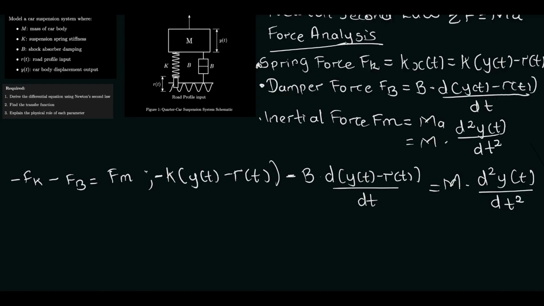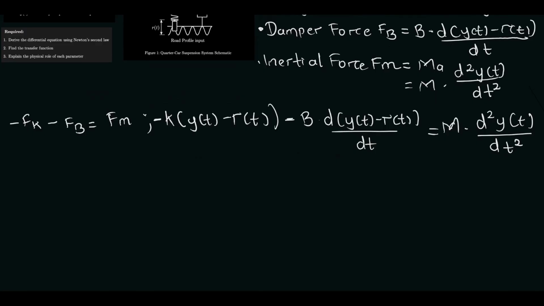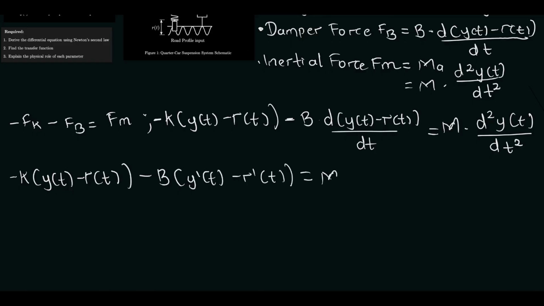So from here, to make it easier to write, we can just use prime. We have minus K(y(t) minus r(t)) minus B(y prime(t) minus r prime(t)) equals your M multiplied by your y double prime of t.